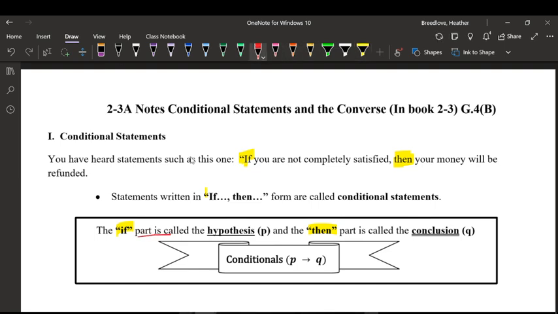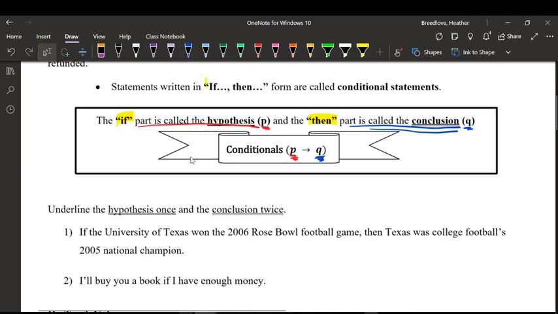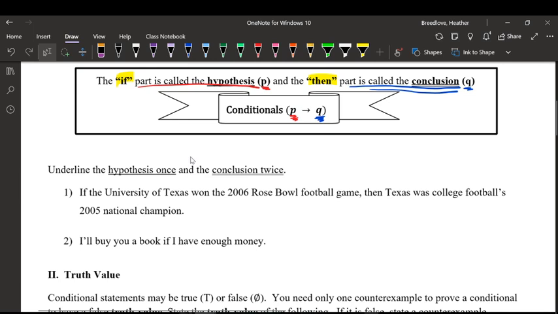So the hypothesis, I'm going to underline in red, and it's going to use the letter P. So if P, then Q. Whatever follows the word then is the conclusion, Q. So for conditionals, it's the format of if P, then Q. Here we're going to underline the hypothesis once and the conclusion twice.